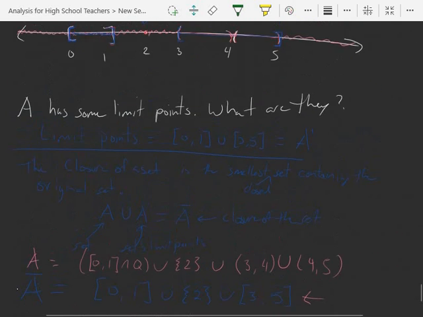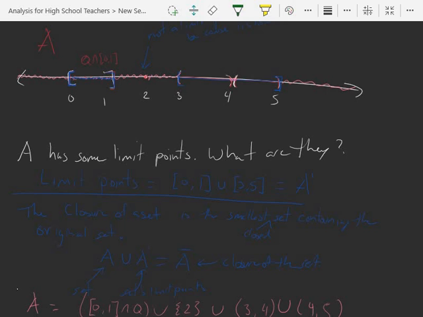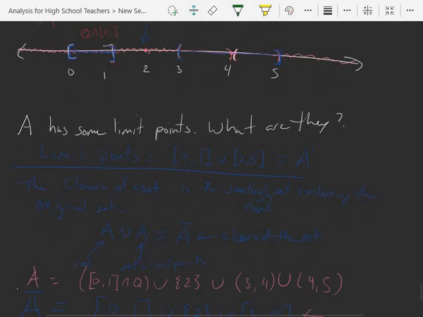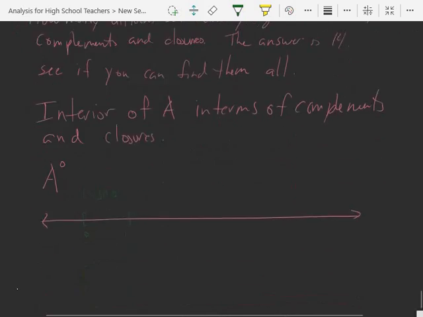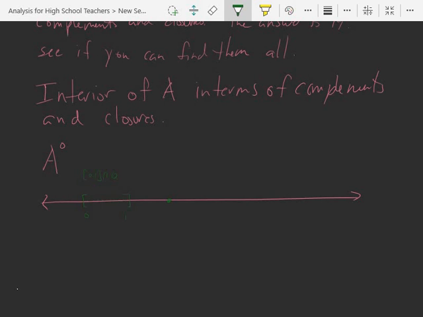We had the point 2, and we had the 2 open intervals from 3 to 4 and 4 to 5. Okay, so the interior here, which are the points that I can draw a circle around and stay entirely inside the set? A interior.